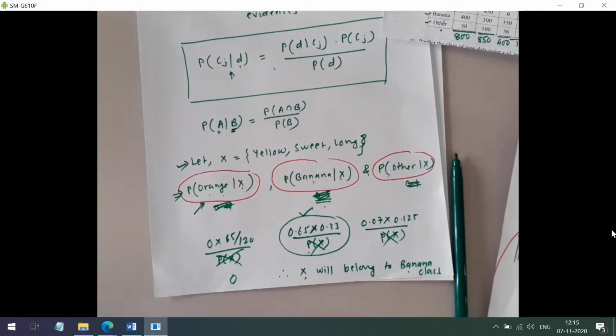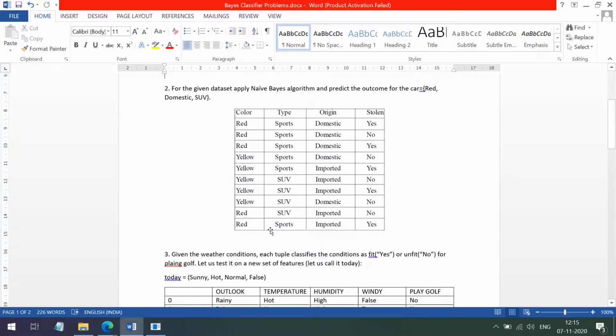Now I have shared the problems with you through classroom. Now refer to the second problem. I will open this on the screen. What is the problem statement? For the given data set, apply the naive Bayes algorithm and predict the outcome for the car: red, domestic and SUV.